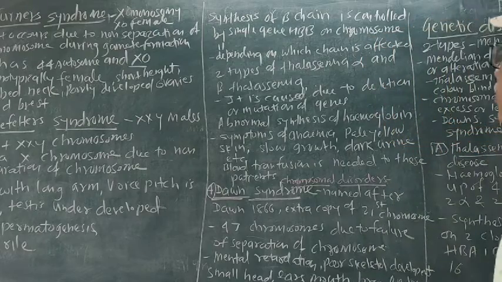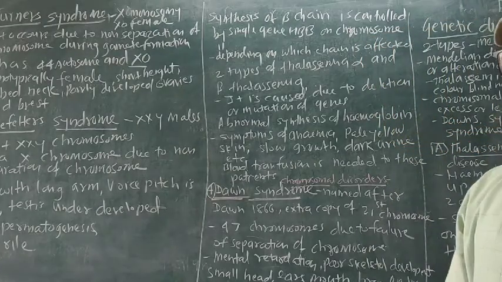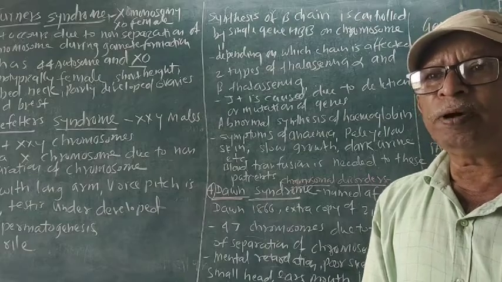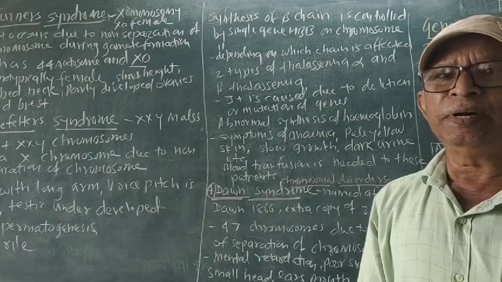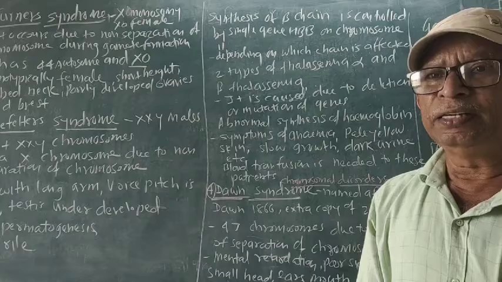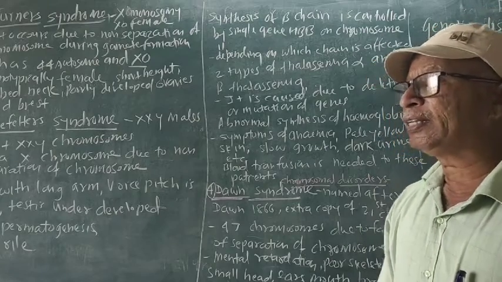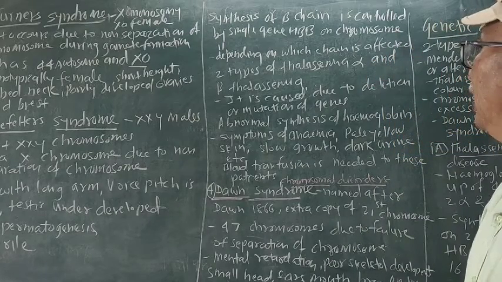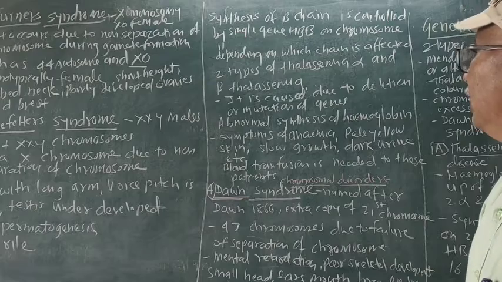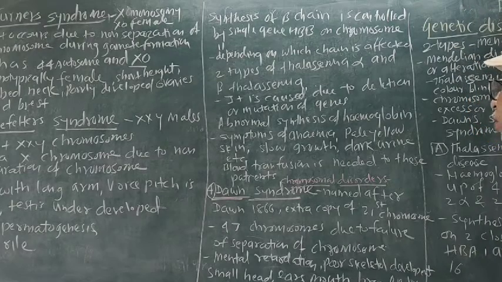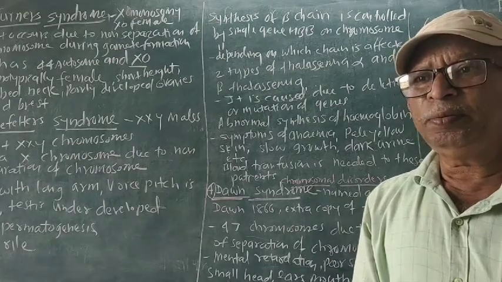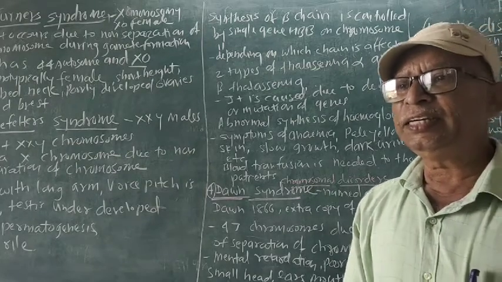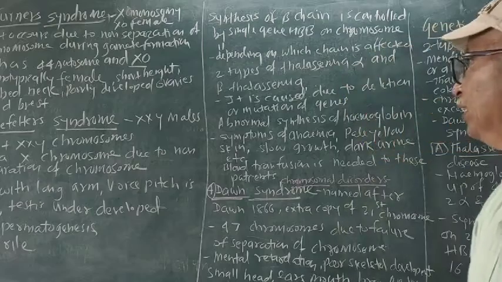Depending upon which chain is affected, there is alpha type of thalassemia and beta type of thalassemia. It may be caused due to the deletion or mutation of gene. There may be mutation or deletion in the gene, and the disease occurs.